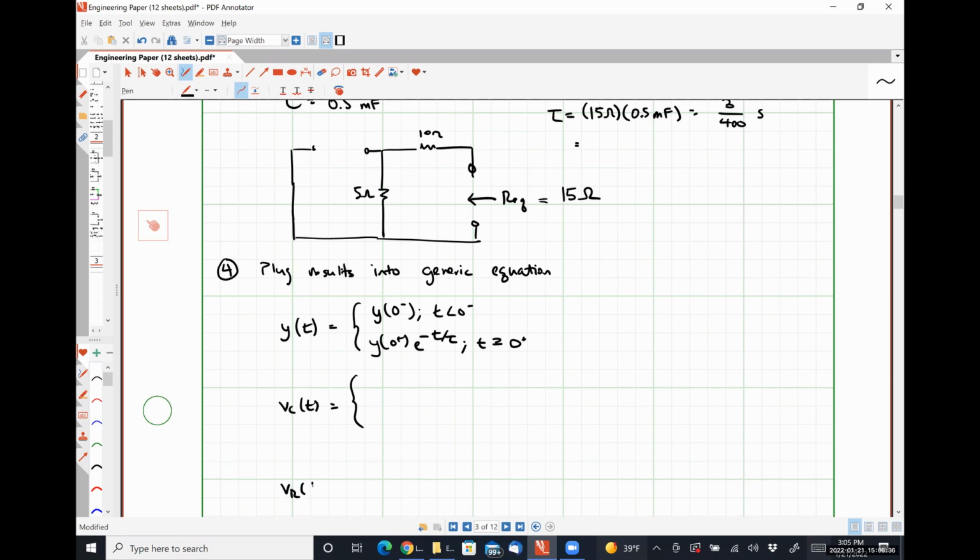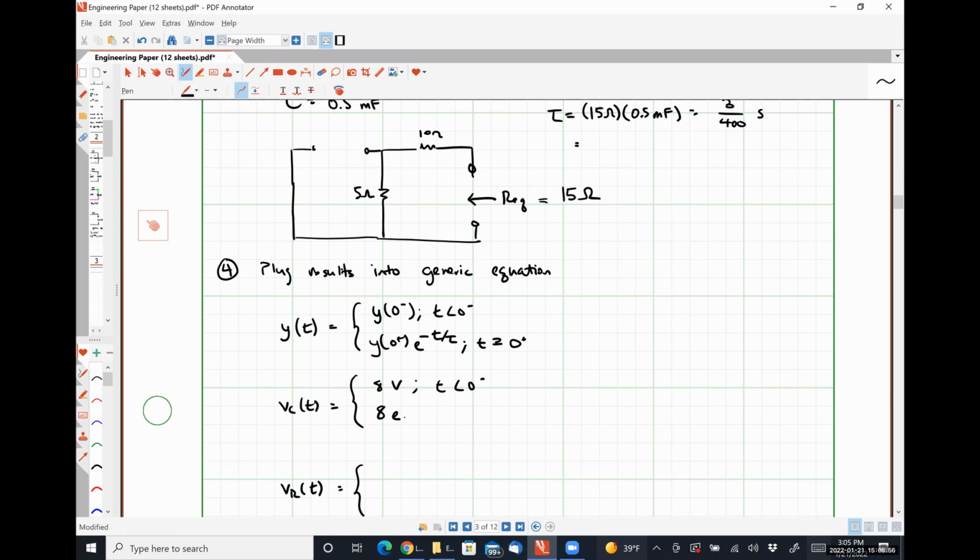So we're looking for VC and VR. So VC at 0 minus was 8 volts. So we just plug that in. VC at 0 plus was 8 volts. So we're going to have 8 times e to the negative.